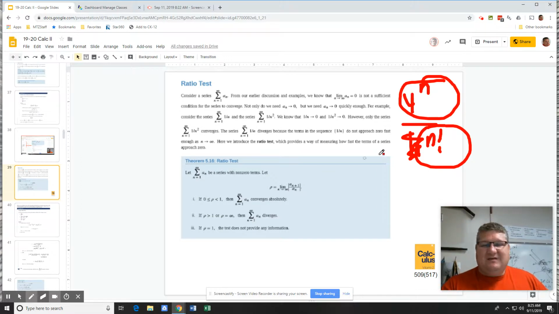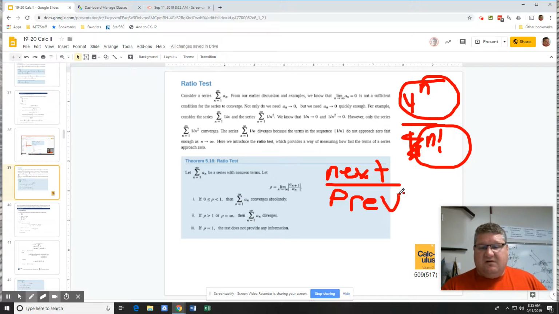Now, the nice thing about the ratio test is all you have to do is take the next term and divide it by the previous term. So in this case, a sub n plus 1 divided by a sub n, and take the limit. You're going to figure out very quickly why this is a nice test.